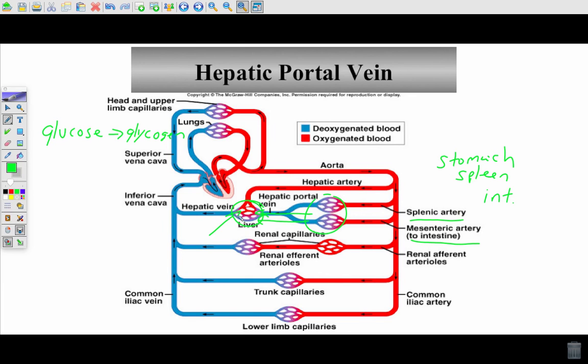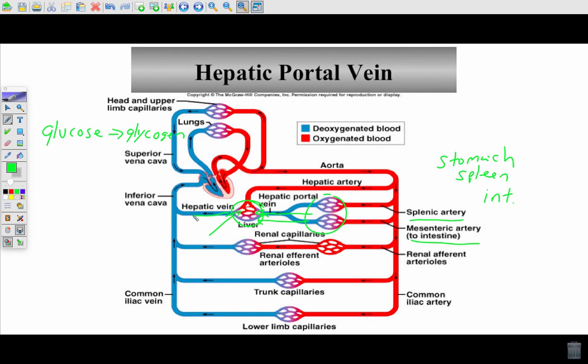We don't really need to know that. But those specialized cells are white blood cells that break down the bacteria. Because we don't want all this material coming from the stomach, spleen, and intestines that's full of bacteria to be going all throughout our body and causing damage.